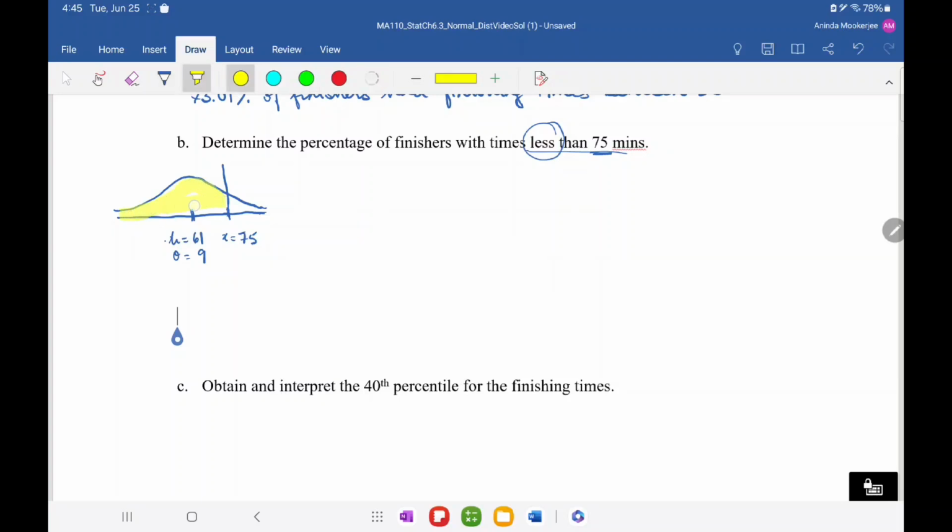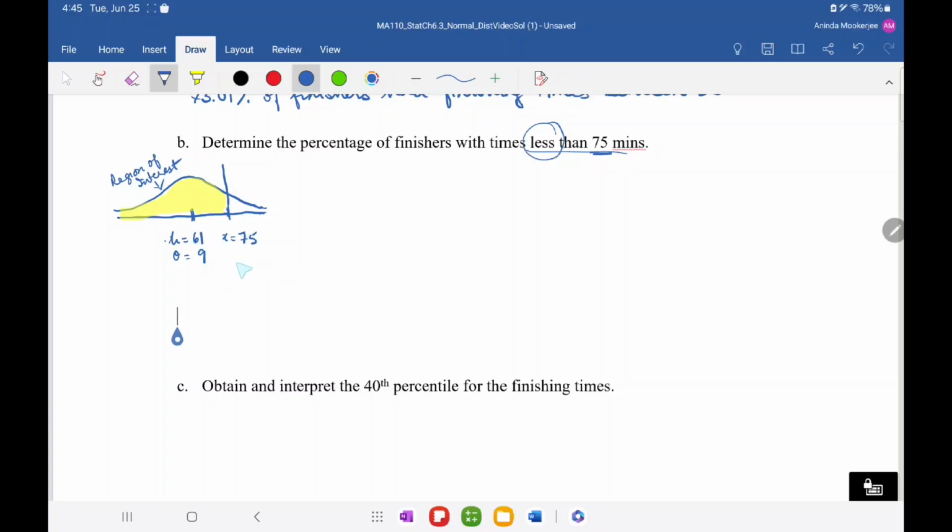This is our region of interest. So we have to find the area of this yellow region.